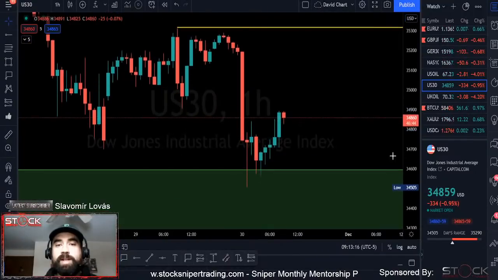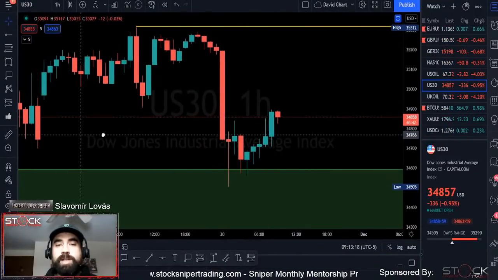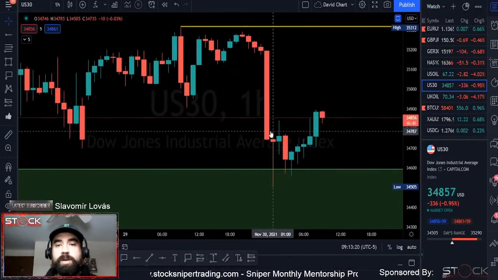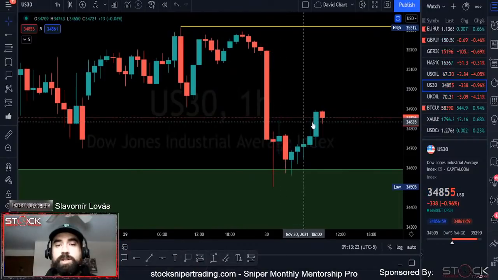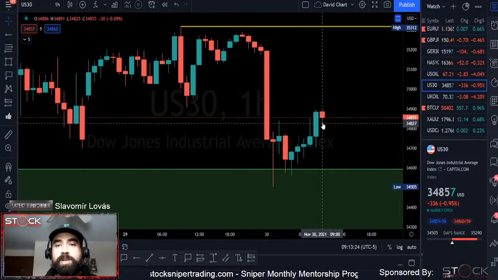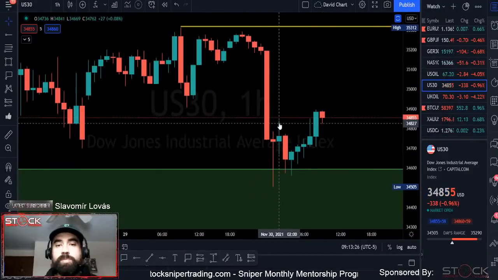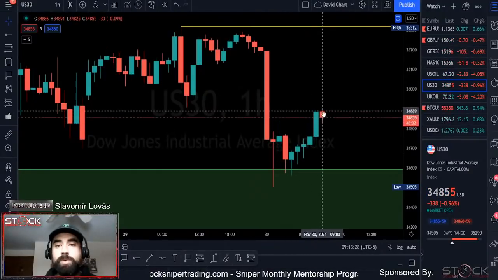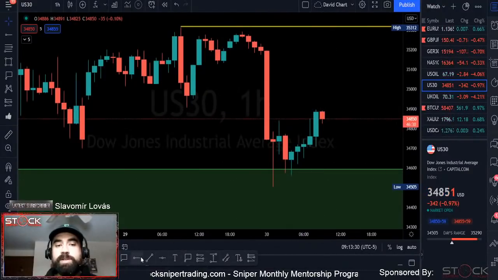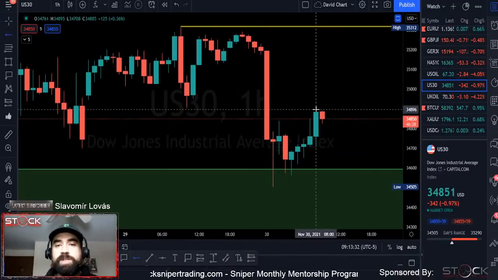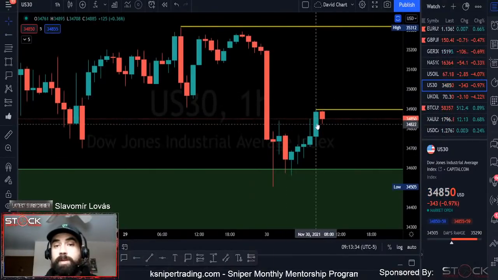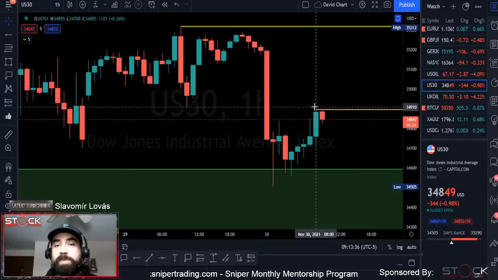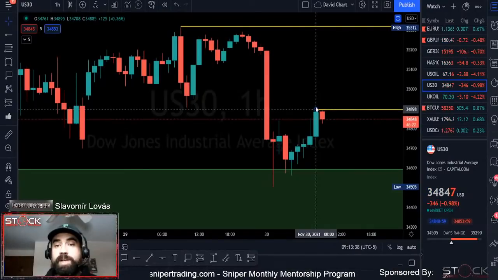What I mean by that is you can see that price made these 2 wicks right here: rejection, rejection. Now price made a bounce right here, which was around this previous resistance. Now we're going to see if it's holding support. If it does, it needs to break above this previous bullish candlestick. If it breaks above there, guys, you can see that we're going to have a nice continuation.